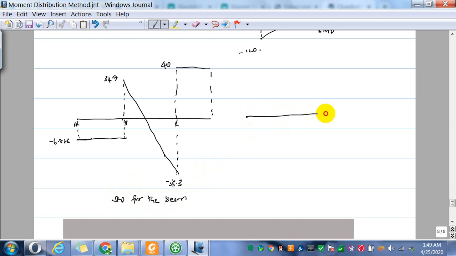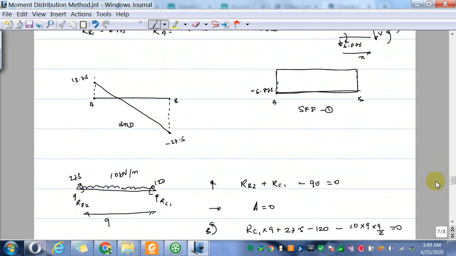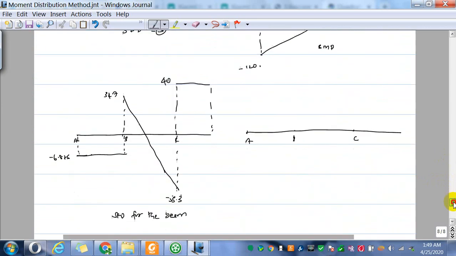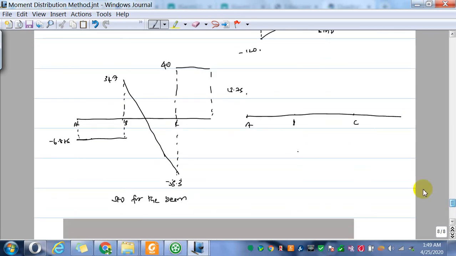Similarly, I can plot the bending moment diagram by just merging A, B, C and D. Between A and B, it is the linear curve, 13.75 to minus 27.5. So that's linear.